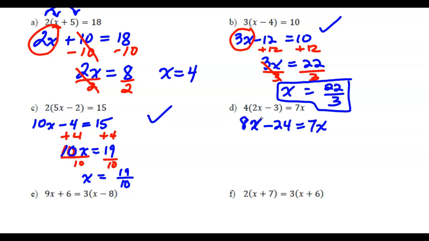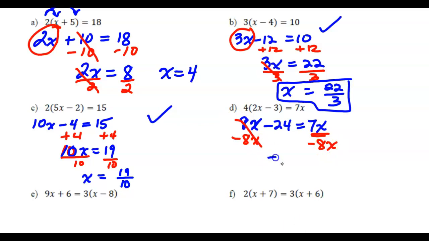And yeah, 7 is smaller than 8, but if I bring the 7x to the left, then the right side is 0. So just like on Friday, I'm actually going to leave the x term that's by itself on one side and get rid of the other one so that I still have just one x term on one side.